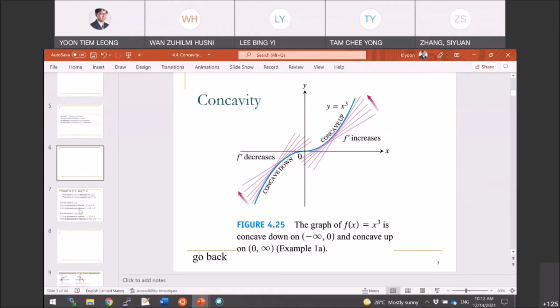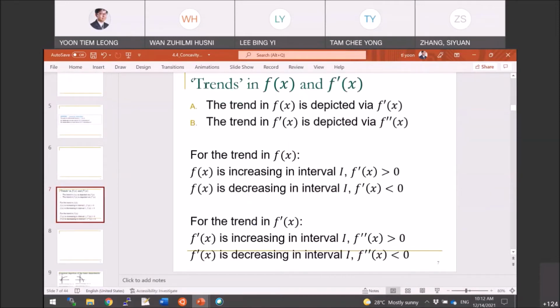So this is what I was saying. A function could have a trend. When I say trend, I mean the function is either going up or going down. The trend of a function is described by the sign of the derivative. Let me see if I can draw it here.